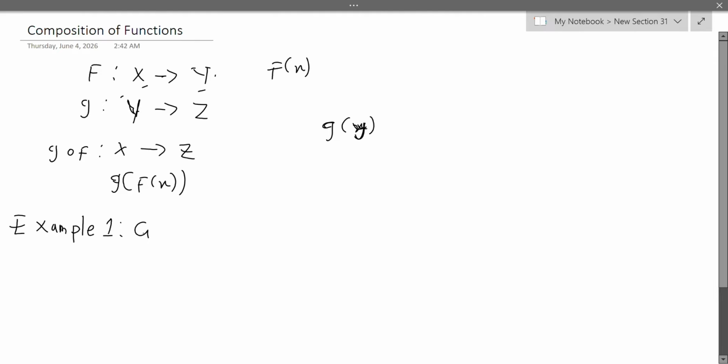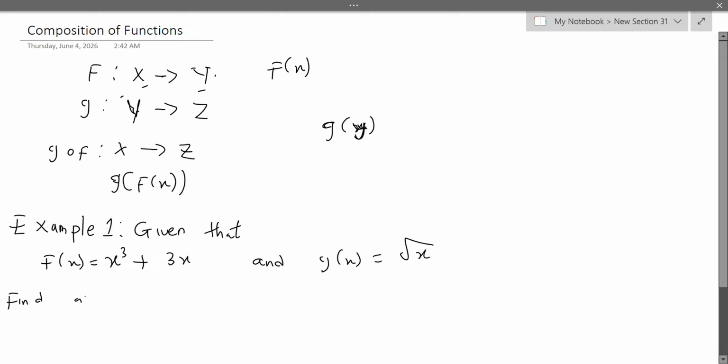So say given that f of x is equal to x cubed plus 3x, and g of x is equal to the root of x. So you have to find the following. A, find f of g of x.